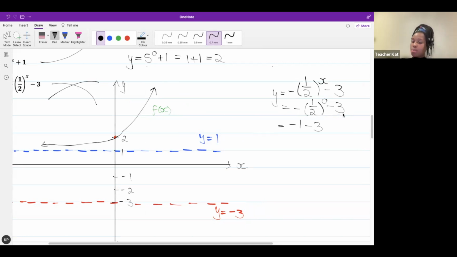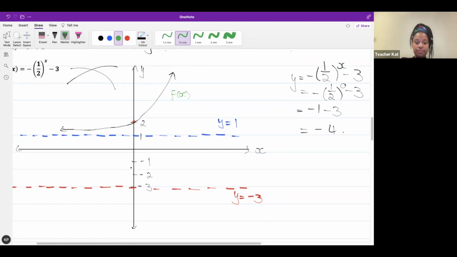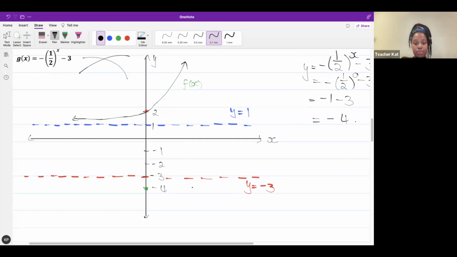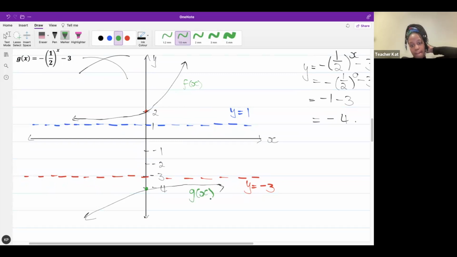So it's not just 1 minus 3, it's -1 minus 3, which is -4. So then, just after this at -4 is my y-intercept. Okay. And then we draw our decreasing graph, getting closer and closer to the asymptote that way. And this is g of x.